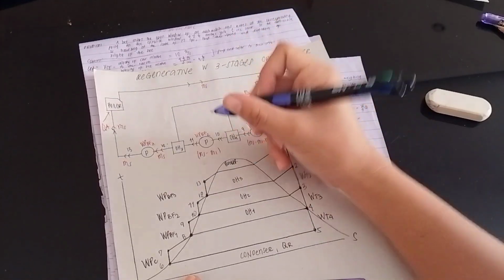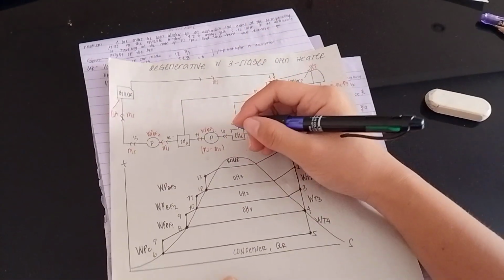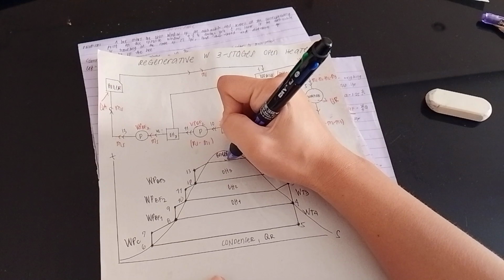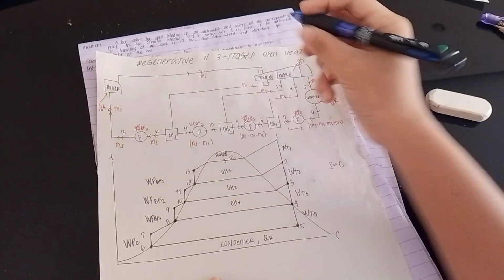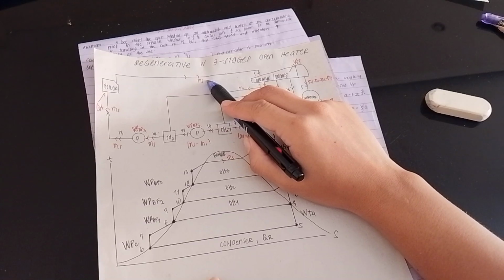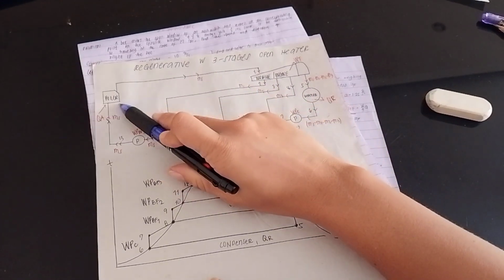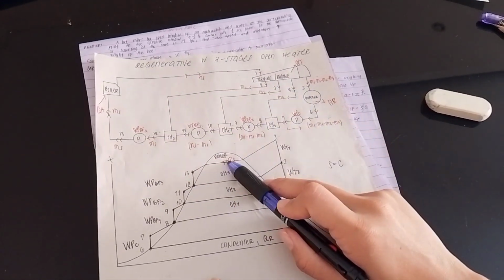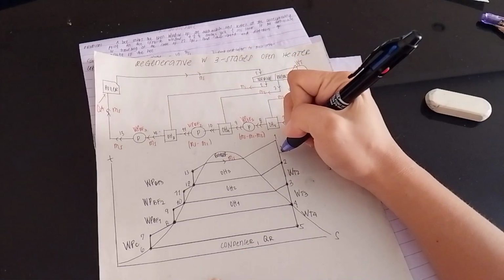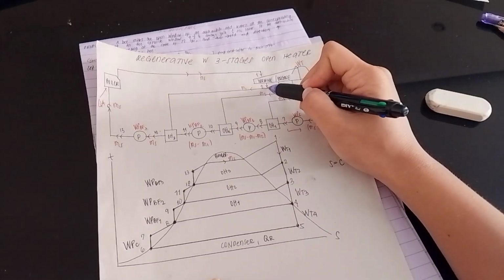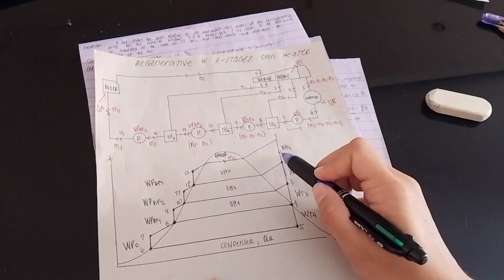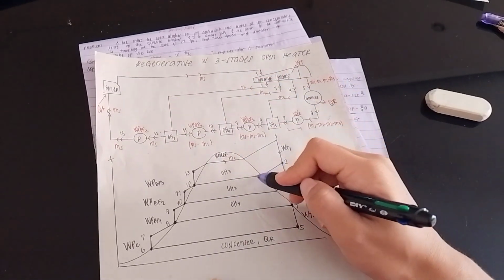Next, our directions and their masses. Our boiler goes in this direction, and we have a mass of MS, going toward the turbine. Next, at work turbine 1, we can see it goes downward, toward the open heater.